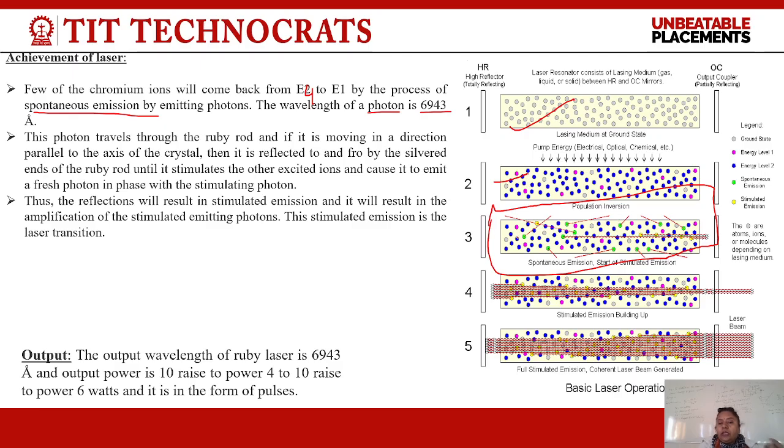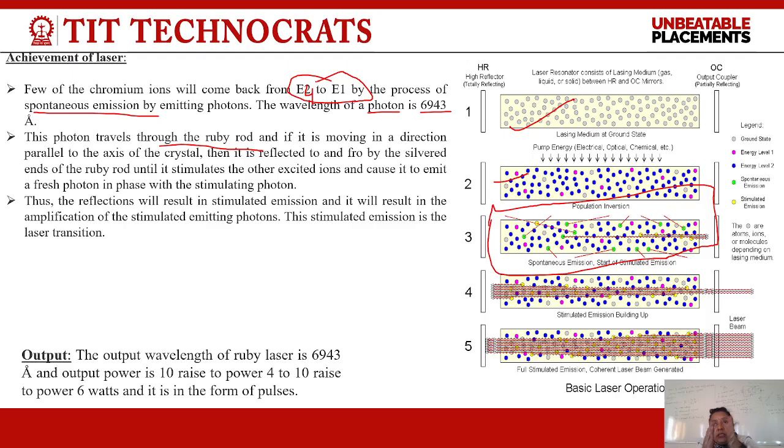After the population inversion, a single photon is generated through spontaneous emission inside the ruby rod, and it can travel in the ruby rod parallel to the optical axis, and it starts stimulating the other chromium ions which are trapped in the E4 energy level.